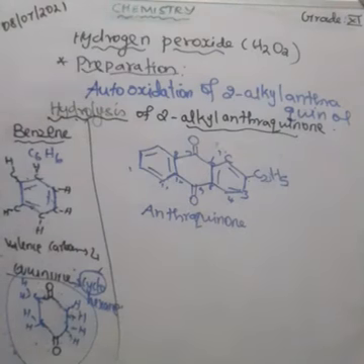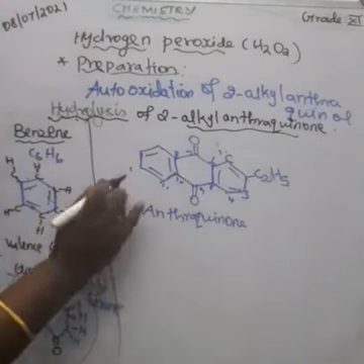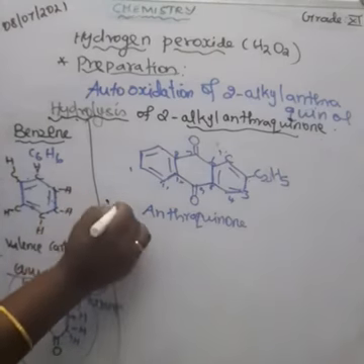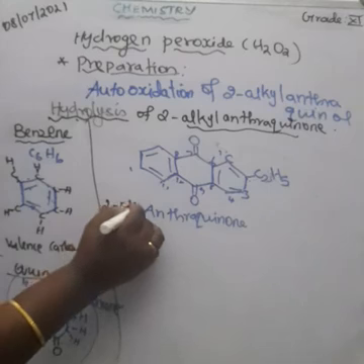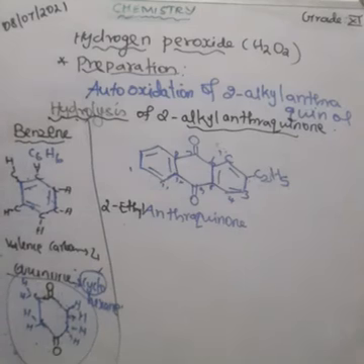So what is the name of this compound now? 2-ethyl anthraquinone, or 2-alkyl anthraquinone. Alkyl group means methyl, ethyl, propyl, butyl, pentyl, hexyl, heptyl.